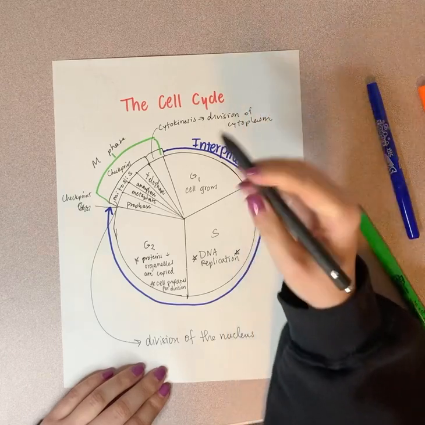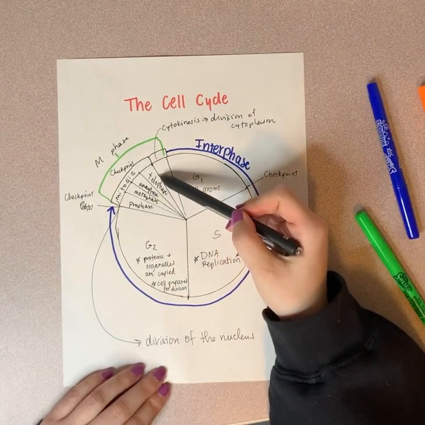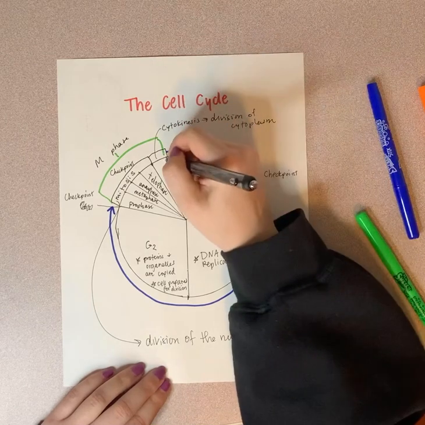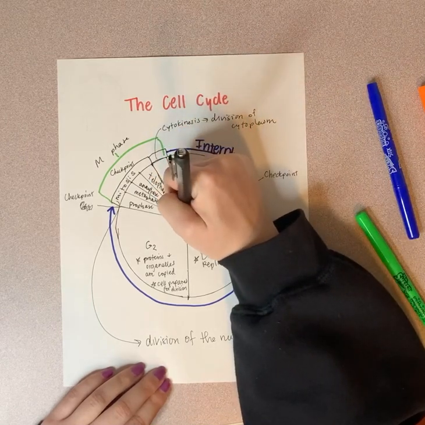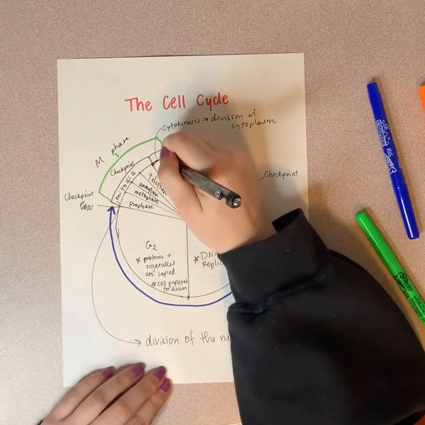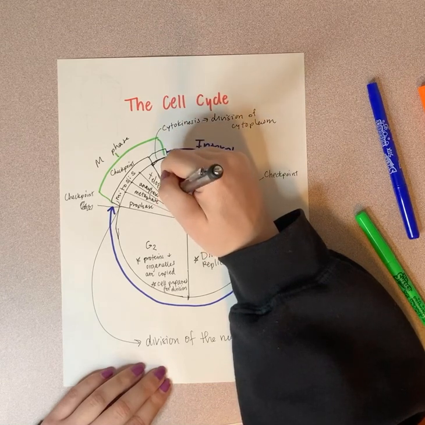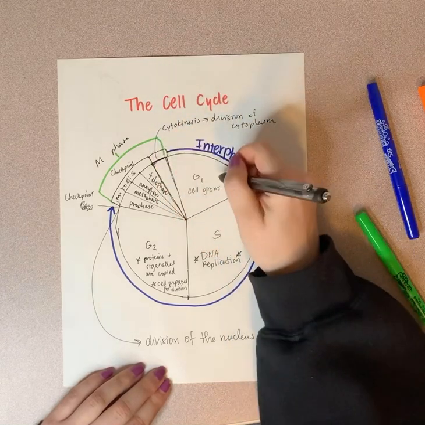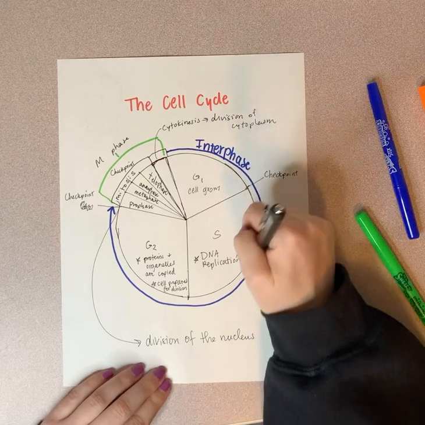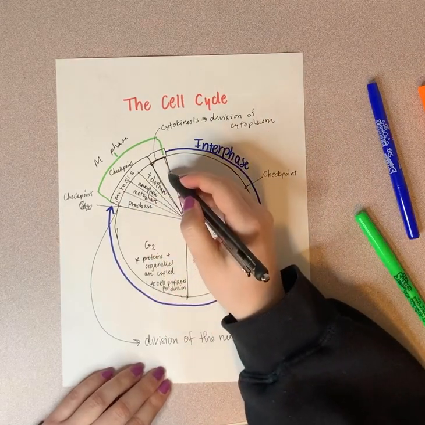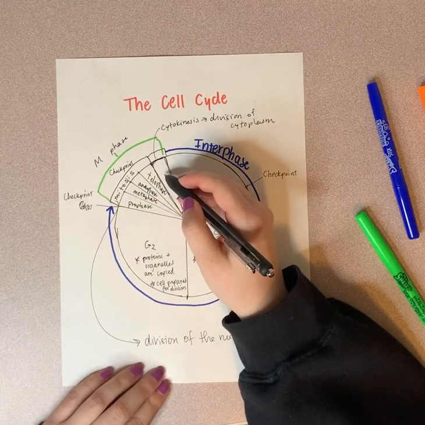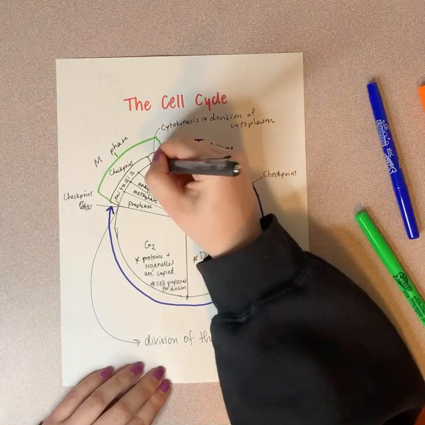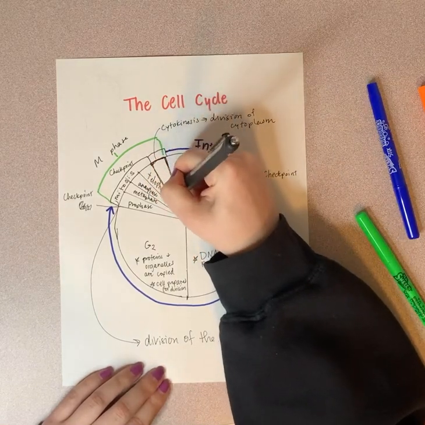So in mitosis, it's just the division of the nucleus. This phase right here is where you finally get 2 separate cells. Started as 1 cell here growing, cell cycle ends in 2 identical daughter cells, okay? 2 identical daughter cells by the end of cytokinesis.